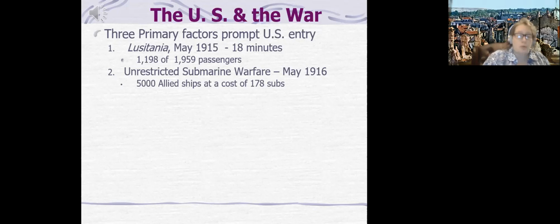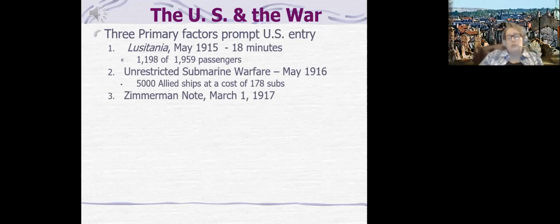His name is Zimmerman. And he's going to give his name to the Zimmerman Note, which is notorious in diplomatic history, because this particular little issue is going to be one of the major reasons why the United States comes into the war.